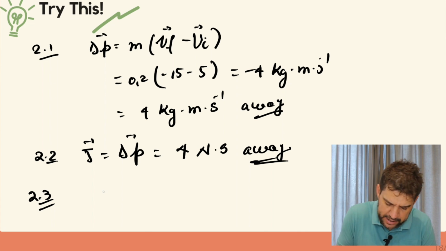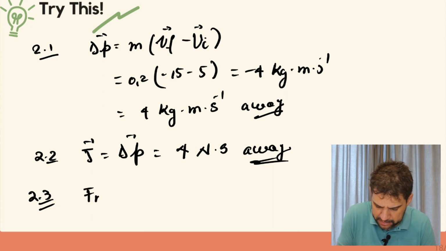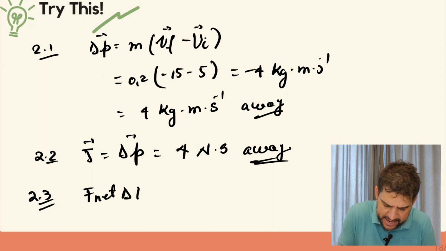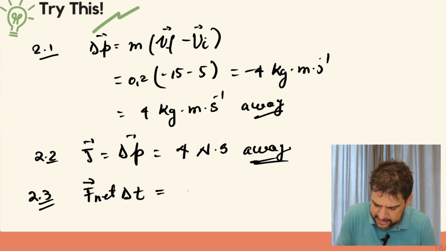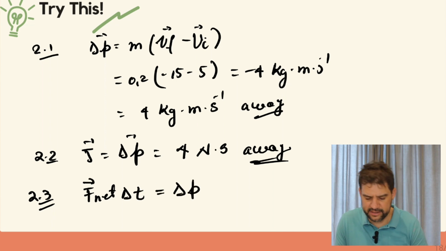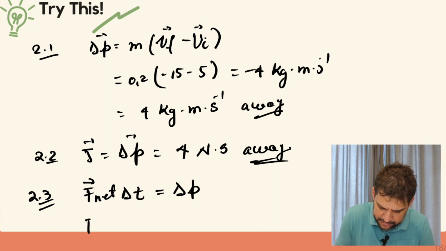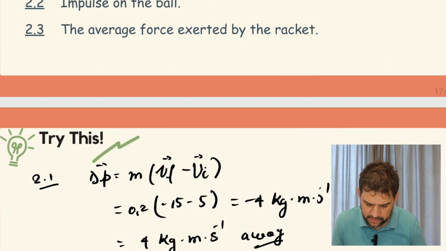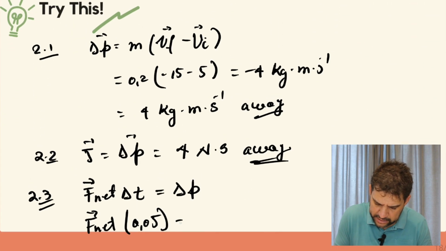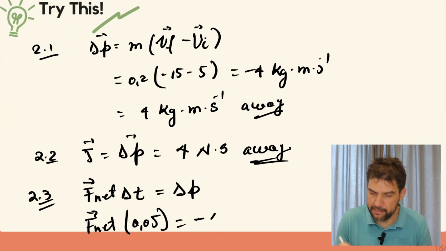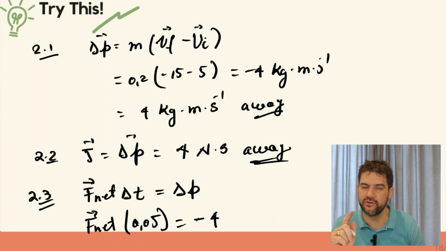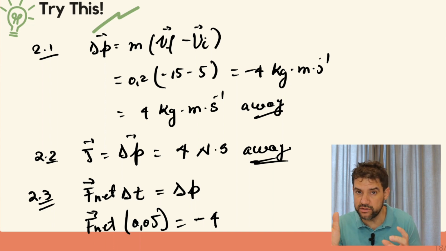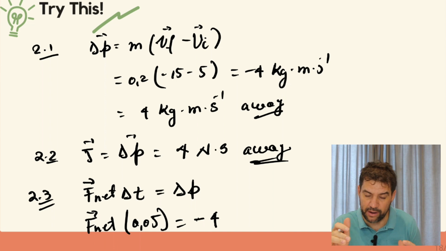So we're going to apply Newton's second law in terms of momentum. I am going to write it in the same way as is given to you, and the rest is substitution. So F net multiplied by the time, which is 0.05, equals the change in momentum that was calculated, so it's -4. Be careful. In this case, we have to substitute the direction. We said toward is positive, so this one was away, which is negative.